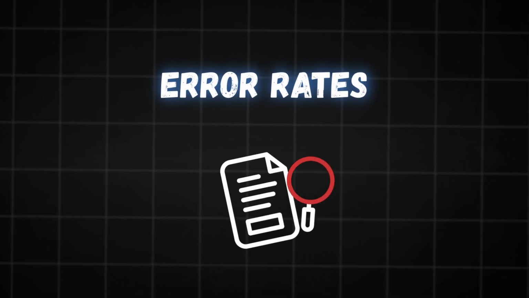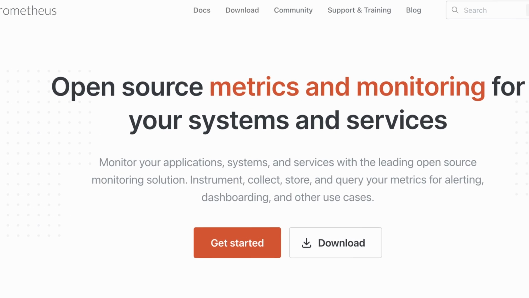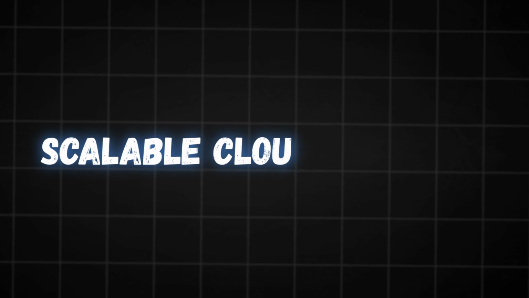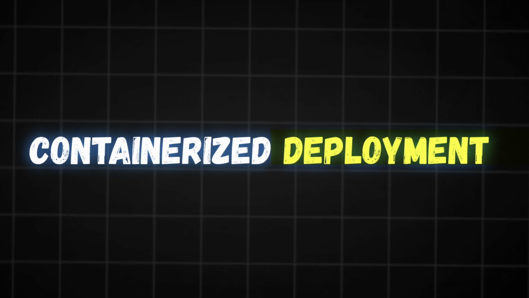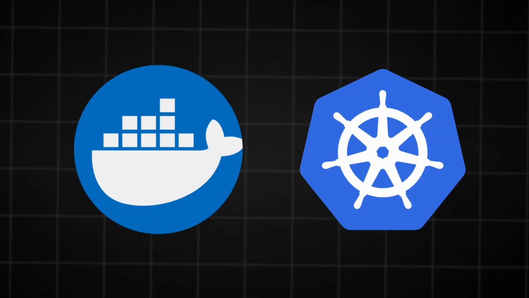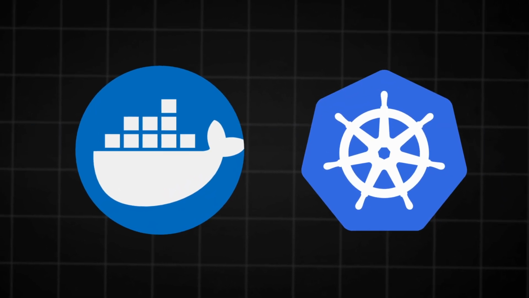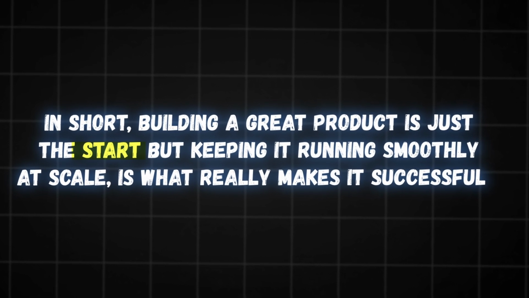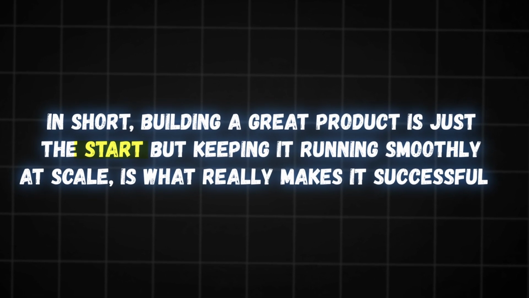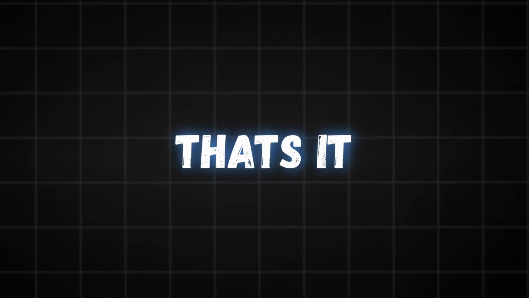You can use tools like AWS CloudWatch and Prometheus. Consider using a scalable cloud platform like AWS, GCP, or Azure, and containerized deployment with the help of Docker and Kubernetes for better resource management and auto scaling. In short, building a great product is just the start, but keeping it running smoothly at scale is what really makes it successful.